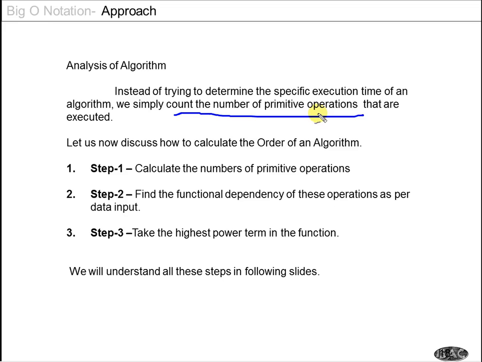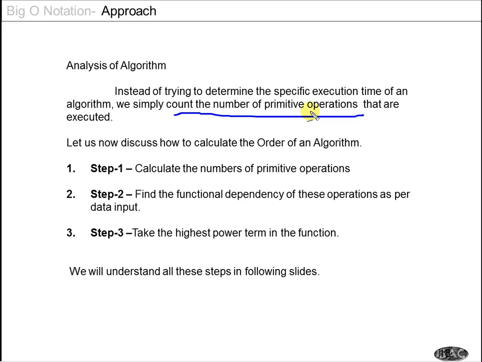So instead of counting the time, we count the number of primitive operations. Now, what exactly is a primitive operation? And how do you count it? And how does it help to find out the order of the algorithm? Don't worry, just hang on. We are going to discuss each one of these one by one.